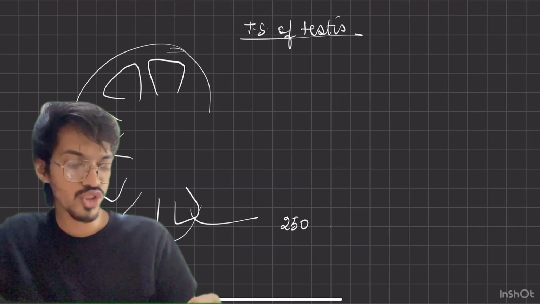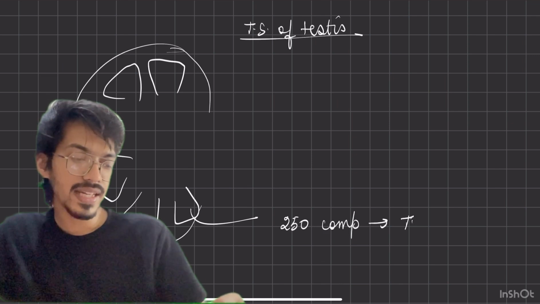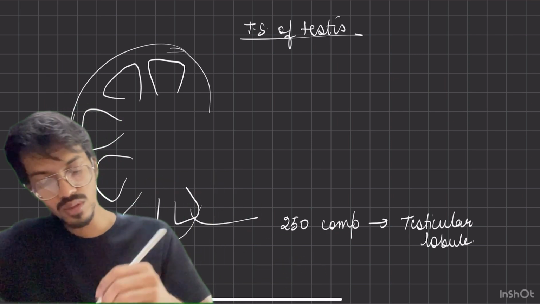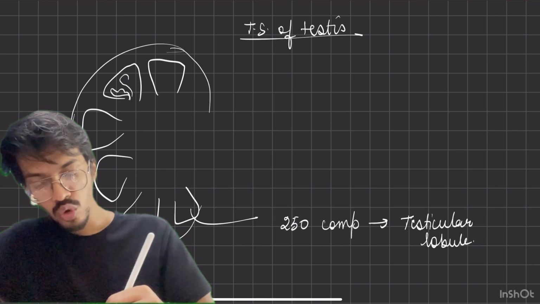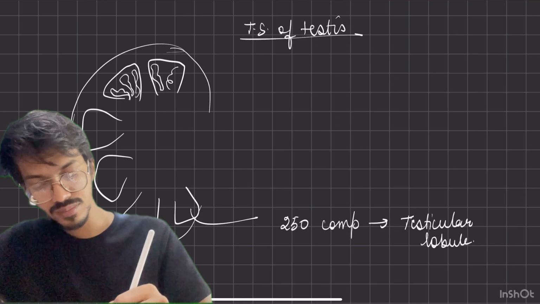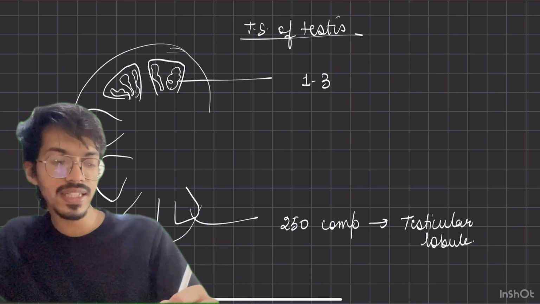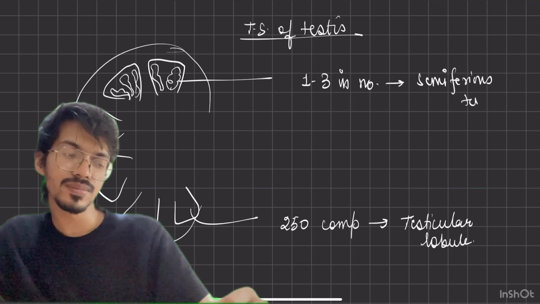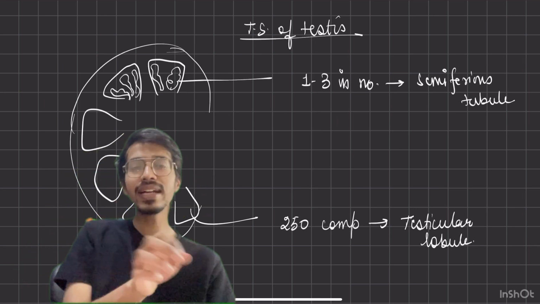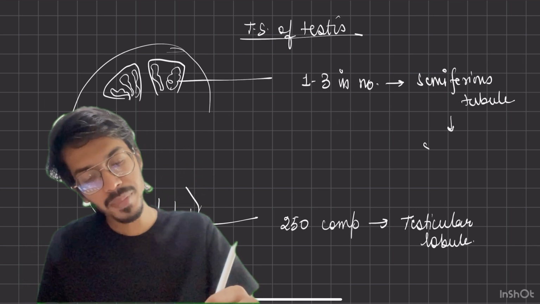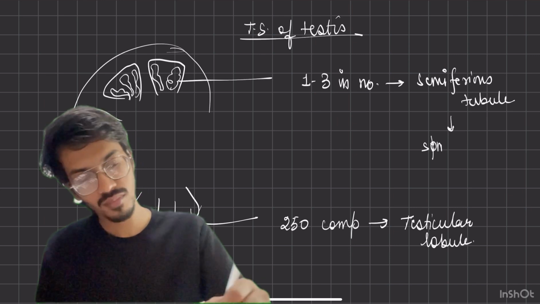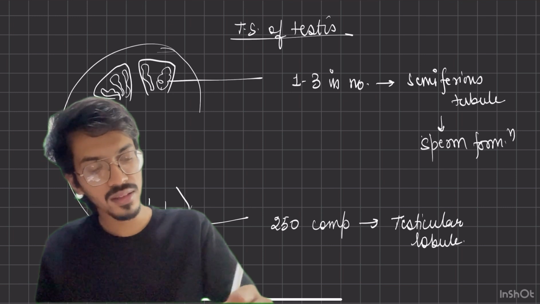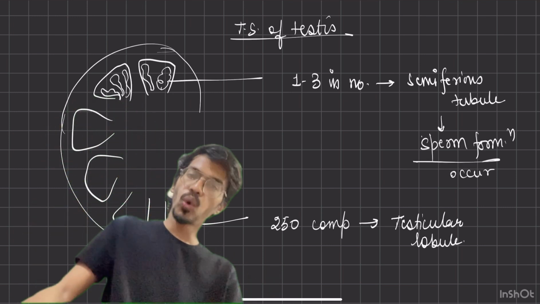Close to 250 such compartments are present and we call them testicular lobules. Inside each testicular lobule there are coiled ducts, 1 to 3 in number, and we call them seminiferous tubules. Inside these seminiferous tubules sperm formation occurs. The whole process we will learn later.